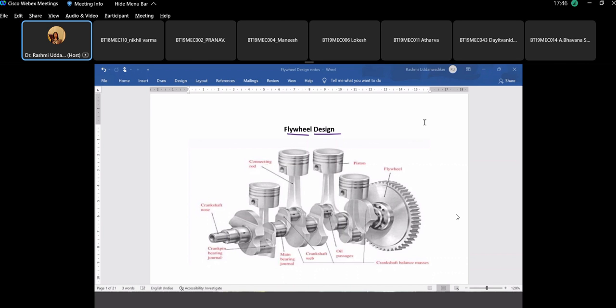Ayush, how does this help in balancing? Absorb excessive energy. Okay, this is correct. How does this help in balancing?